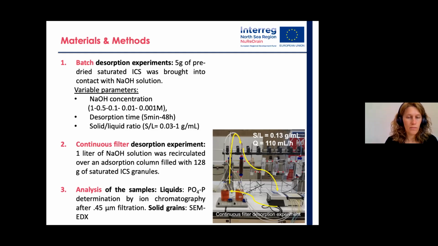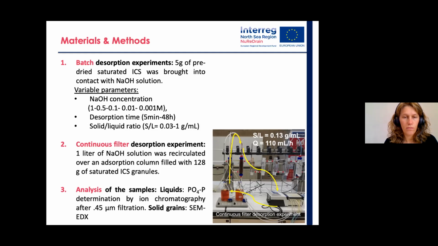We had some variables. Of course, the sodium hydroxide concentration from a moderate pH, let us say, to a pH of 14, which is a very high pH, of course.